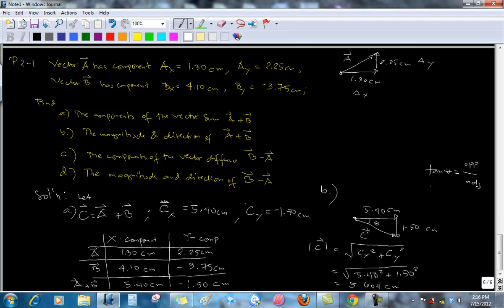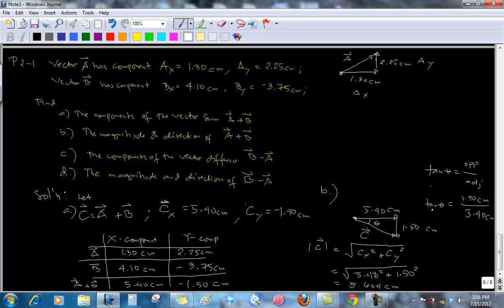The opposite side is Cy, 1.50. So tangent theta is equal to 1.50 cm over the adjacent, 5.40 cm.